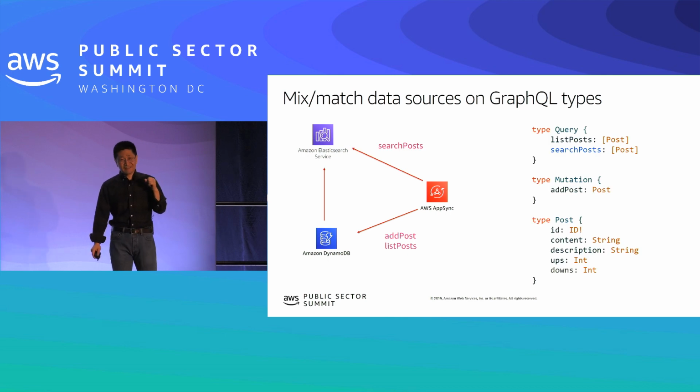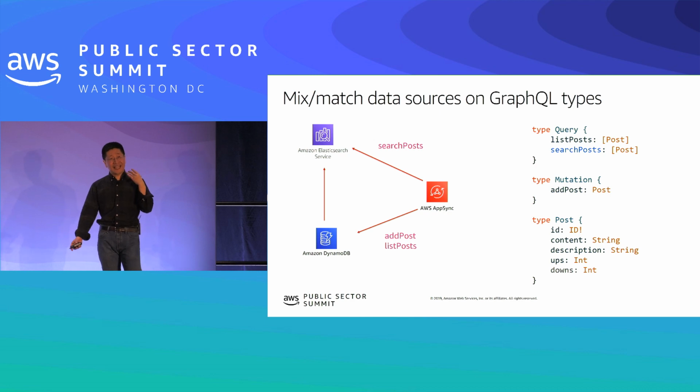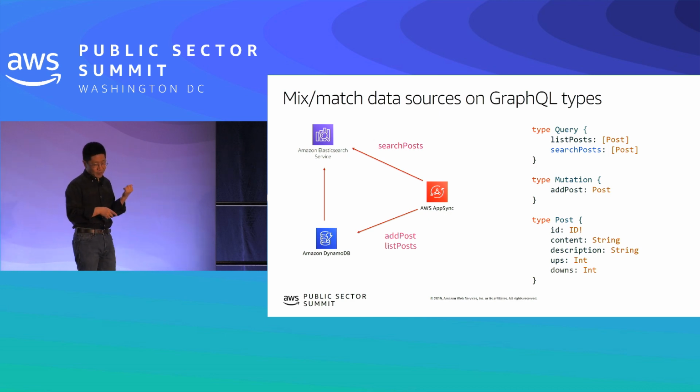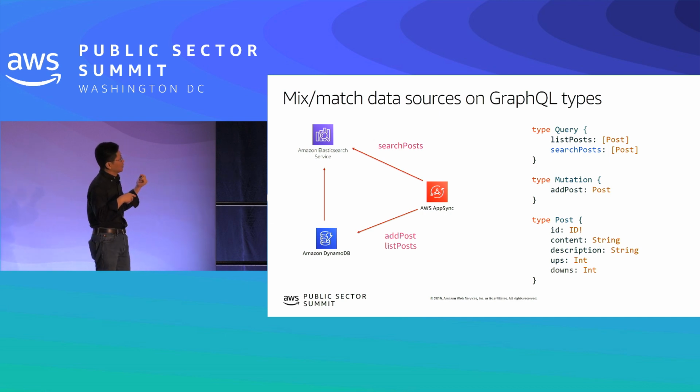So the other benefit or feature for AppSync is you actually can mix different data sources. In this example, you can see your front end can add, for example, a blog post to DynamoDB, and sometimes you also want people to search based upon some keywords in your blog post. So you can hook into Elasticsearch.